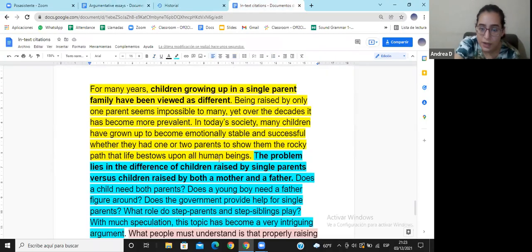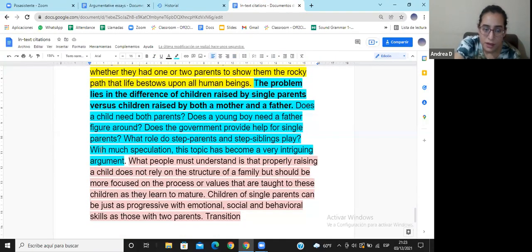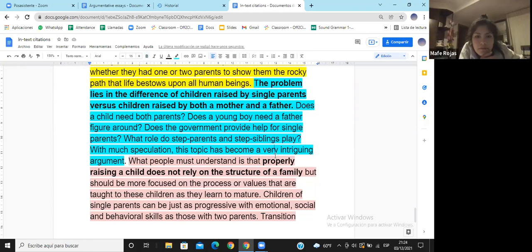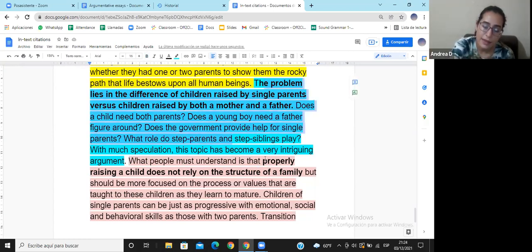In this case, we had here, right? What people must understand is that properly raising a child does not rely on the structure of a family, but should be more focused on the values. So that was the author's position. Right? So he asks the question, he raises the problem, and then he answers the question or he addresses the problem.